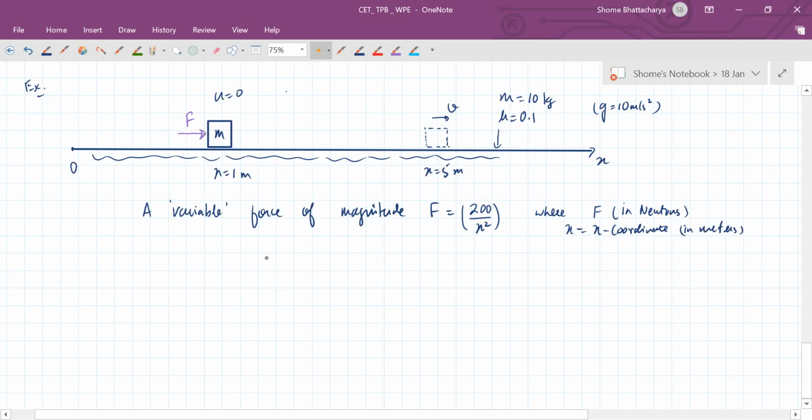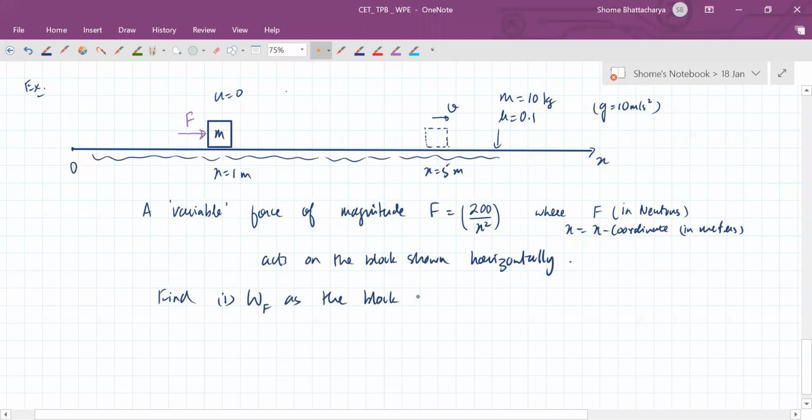So this kind of variable force acts on the block shown horizontally. Okay. Find the work done by the force F as the block moves from the position x equal to 1 meter to the position x equal to 5 meter.